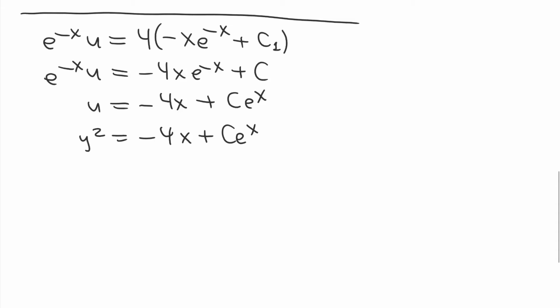It's not an explicit solution because I haven't solved for y just yet. And if I do solve for y, I'm going to get y is equal to plus or minus the square root of negative 4x plus c e to the x. Now the plus or minus comes into play depending on whether y is positive or negative.